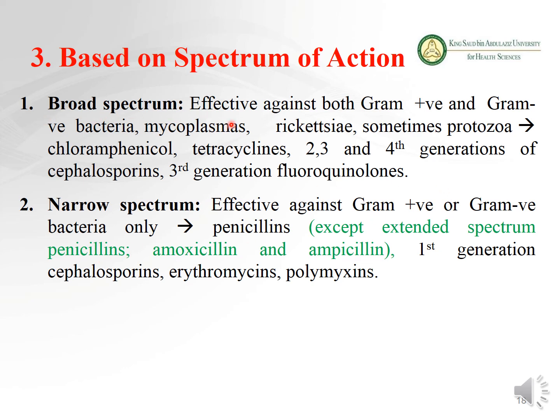Broad spectrum, as the name indicates, are effective against a variety of microorganisms, including gram positive and gram negative bacteria, mycoplasmas, and some protozoa. Examples of narrow spectrum drugs are penicillin, except the extended penicillins, which we will discuss later on, first generation cephalosporins, erythromycins, and polymyxins.